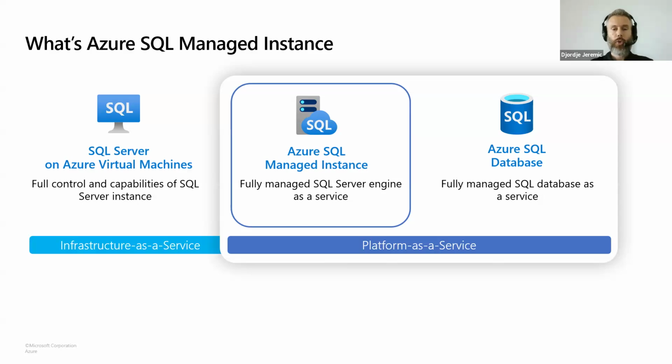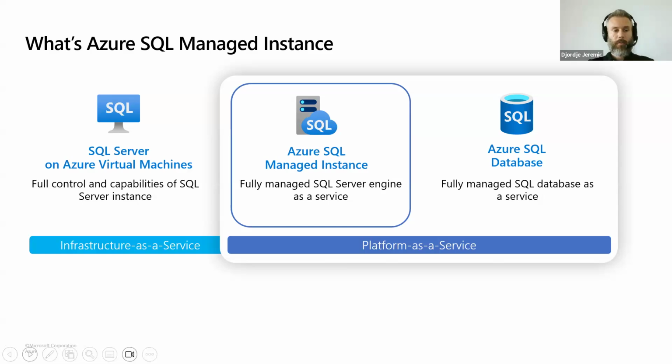And it has 2 platform as a service offerings. That's Azure SQL Managed Instance and Azure SQL Database. Azure SQL Managed Instance is, as it says here, and I believe it's really good summary, fully managed SQL Server engine as a service, maintaining a very high level of compatibility with SQL Server on-prem. In contrast to that, Azure SQL Database is a related service, which is scoped to a single database.